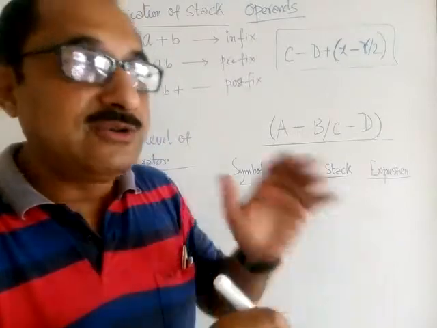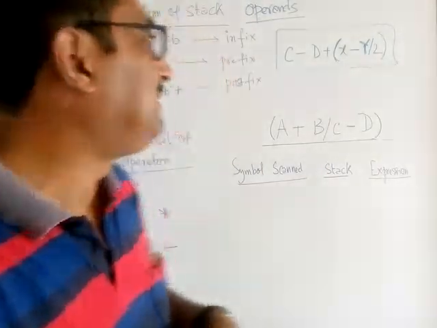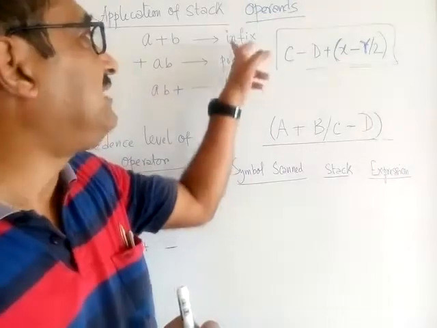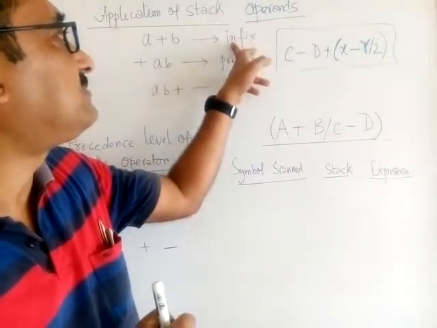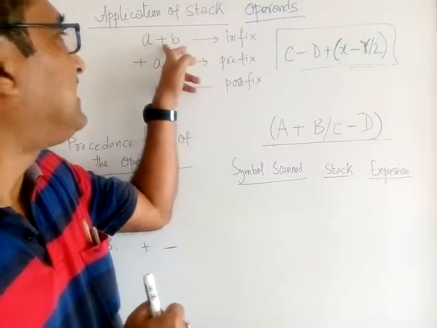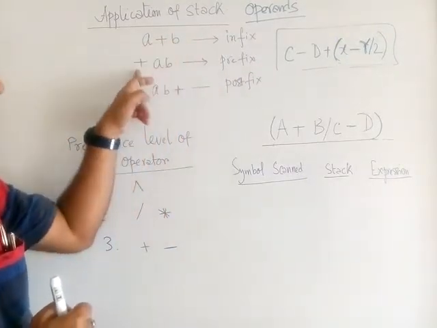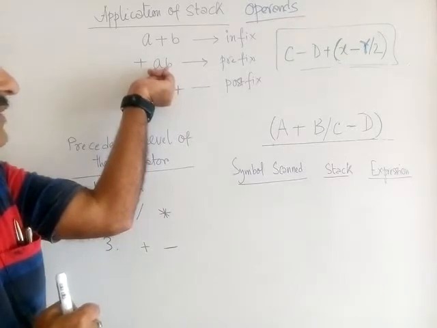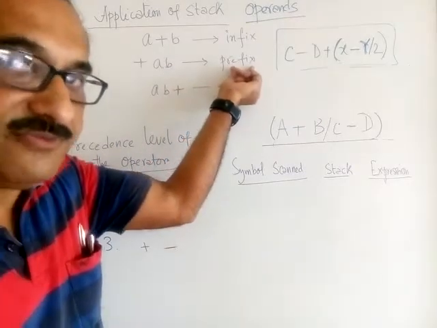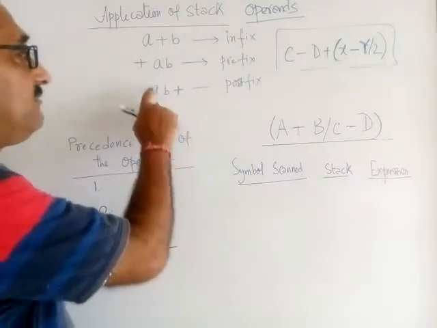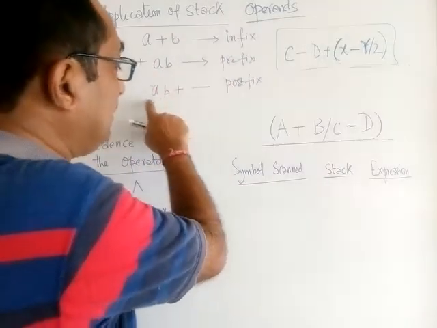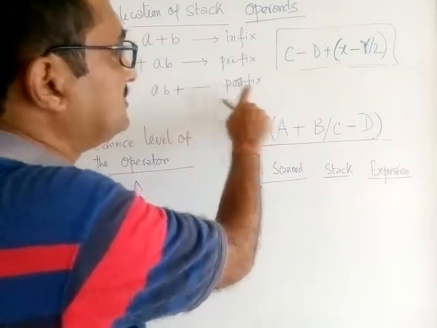So in order to do that coding, they found that this kind of expression, which we call an infix expression. Why do we call it the infix expression? Because the operator comes in between the operands. The same operator, if we write before the operands and then write the operands on which it is working, then we call it prefix. Pre means before, you know that. And if the operator is written after the operands, then we call it postfix.